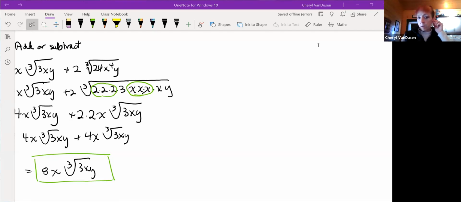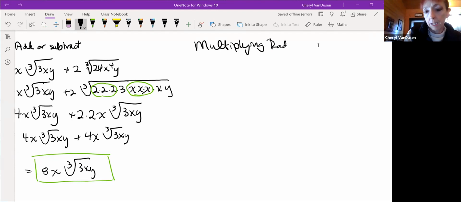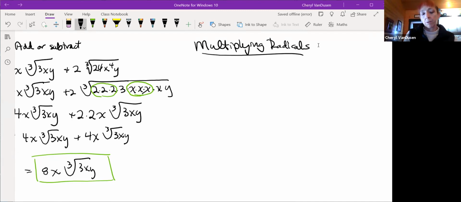Okay, so the next thing on our agenda then is to do multiplying radicals. And again, if we go back and think about algebra, the rules of algebra apply to radicals. So just a little reminder, if I have 2x times 3x, 2 times 3 is 6, and x times x is x squared.